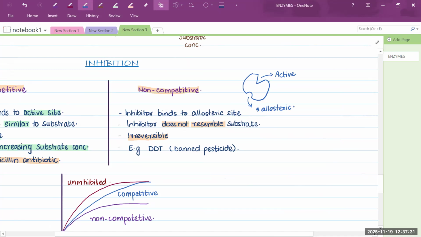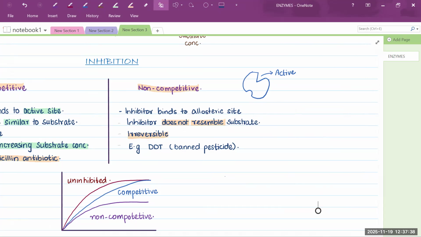And for example, when there is an inhibitor here, this is the allosteric inhibitor, it binds to this site, and it changes the shape of the active site. That is how it works. So the enzyme active site will not remain this, it will get converted into this, for example. Now the substrate, which was originally this, cannot bind to the active site anymore.